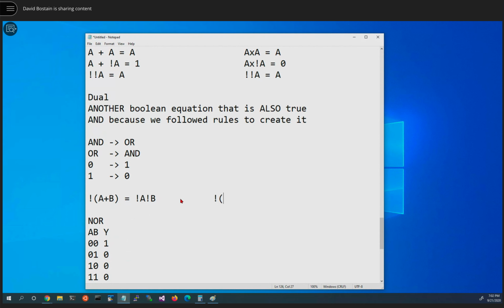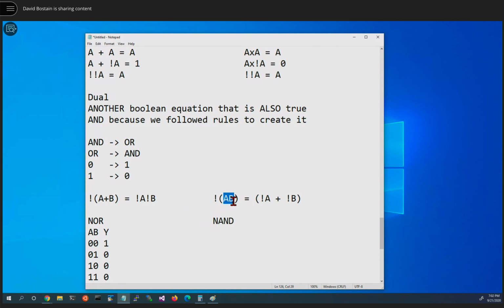The dual says if I take and I AND things together and invert them, I get equivalent to invert the inputs and then OR them together, where the name of this function is NAND, N-A-N-D.